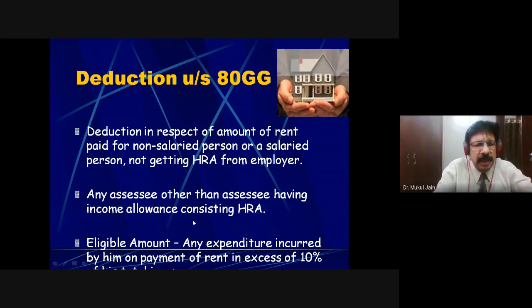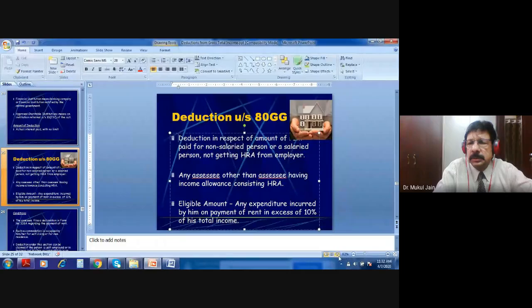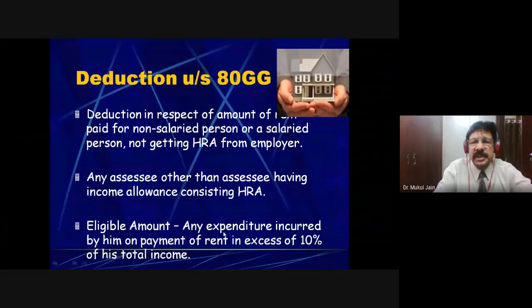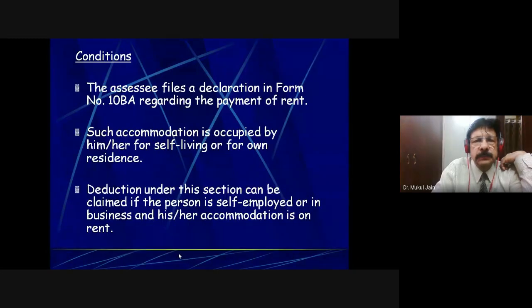So what will be the eligible amount? The eligible amount is any expenditure incurred by him on payment of the rent in excess of 10% of his total income. This was what was written in the other slide also. Then he should file a declaration that such accommodation is for self-living or own residence.